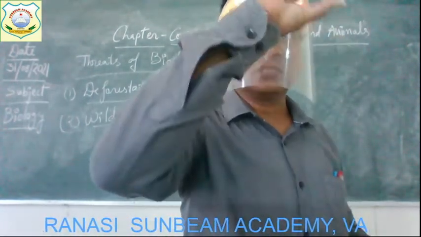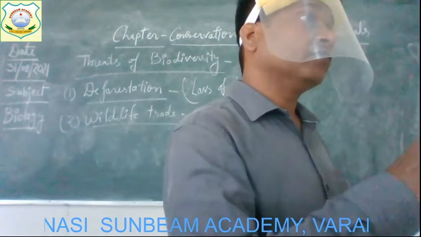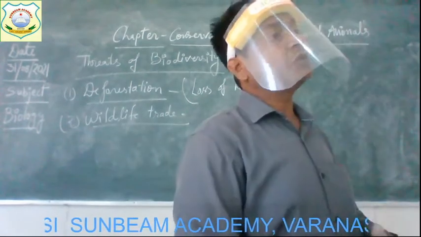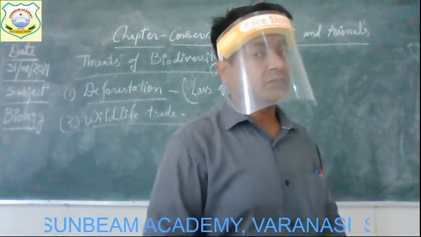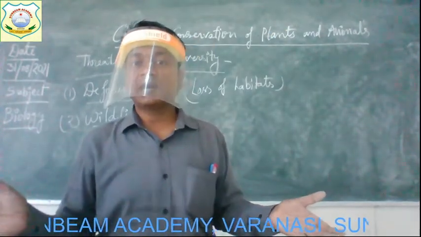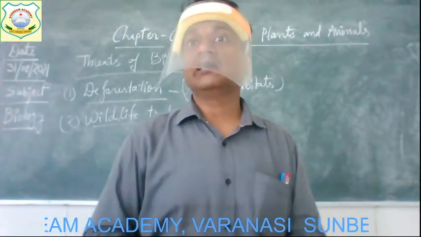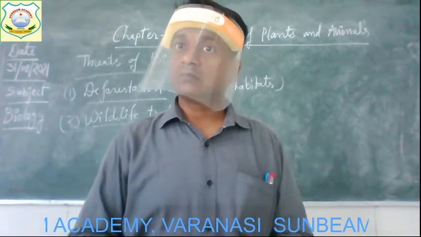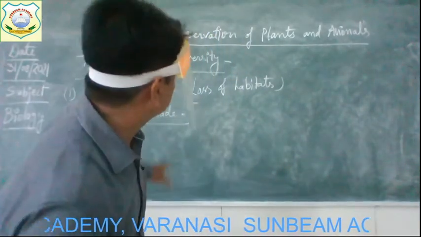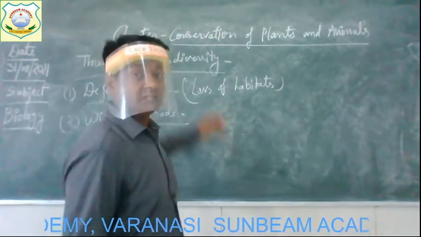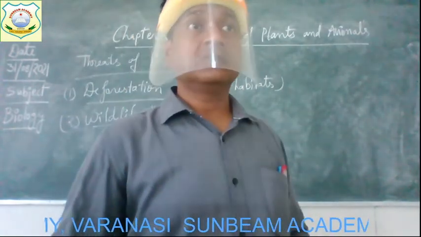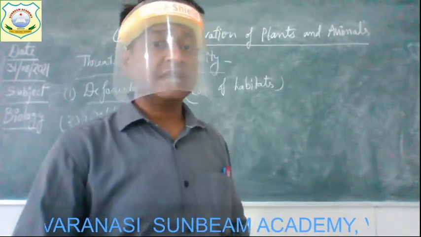They have the horns. So to obtain them, rhinoceros are killed. Clear? And these parts fetch high prices in the market. Clear? So wildlife trade is another threat to biodiversity. Understood everyone? That is the second threat. Now come to the next threat.